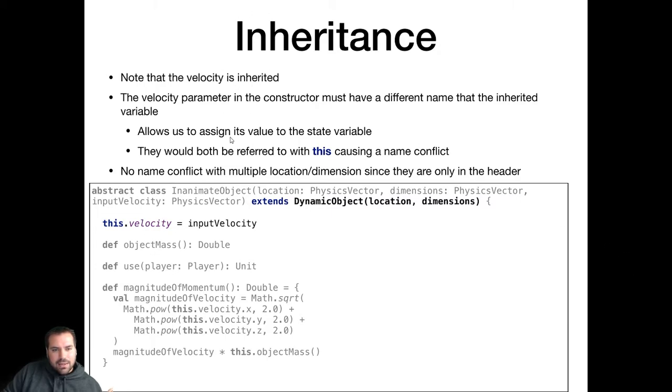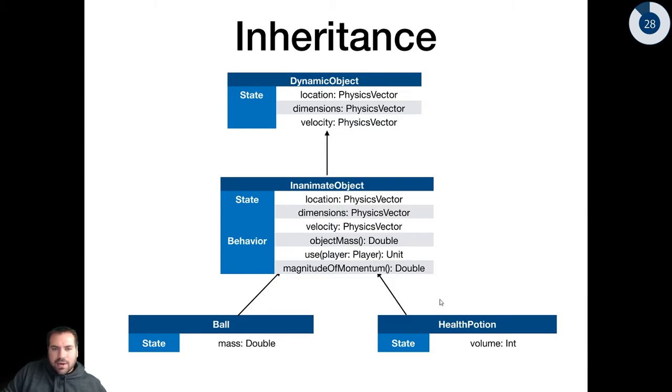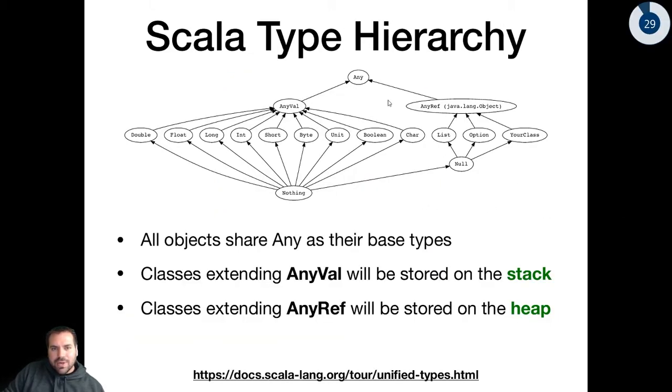In this, you can read this, but note this dot velocity and the difference between input velocity, the naming, and velocity. So our inheritance tree starts looking like this. We have health potion and ball, which extend inanimate object, which extends dynamic object, which hopefully makes this picture make a lot more sense.